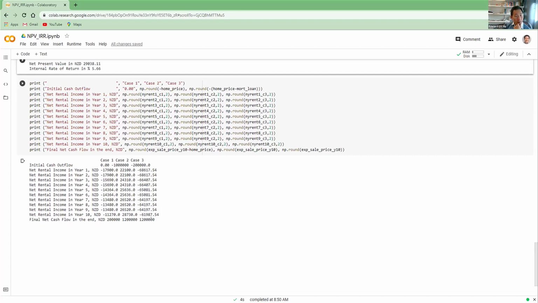And the third case here, even though it has negative net rental income, because in the end the investors can get back 100% of the resale price, provided that the house price goes up, case 3 will get a positive net present value.